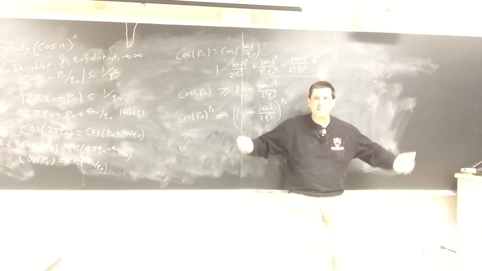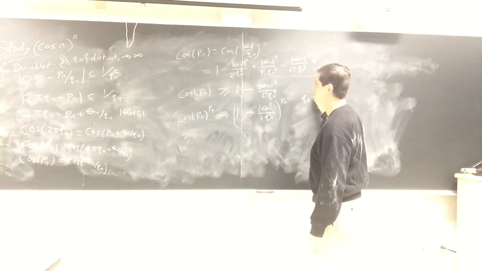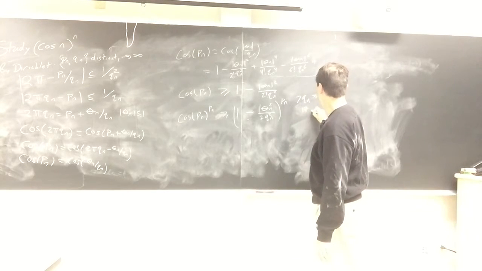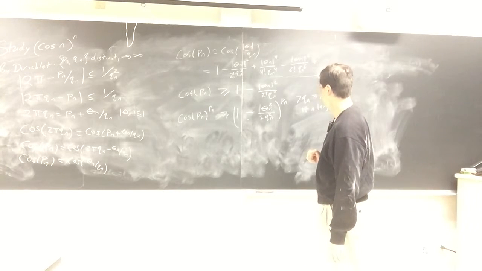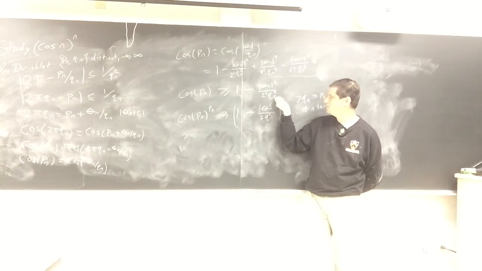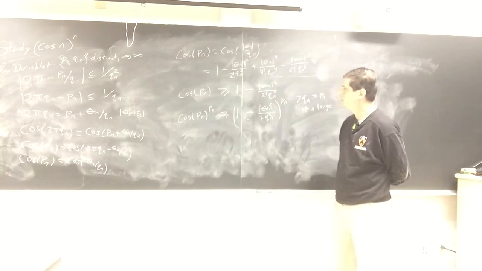So once n is large, 7Qn is greater than Pn. Right? So if I replace this with 7 times, let's see, am I doing this the right way?